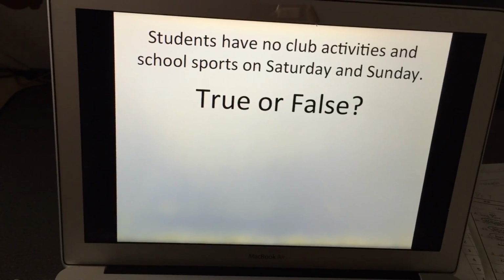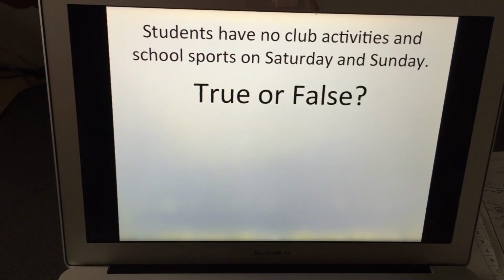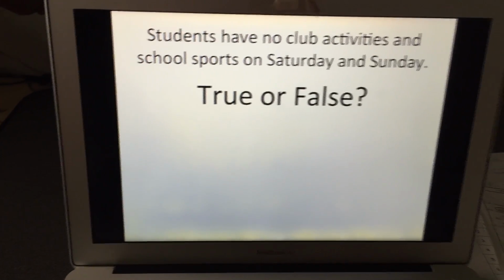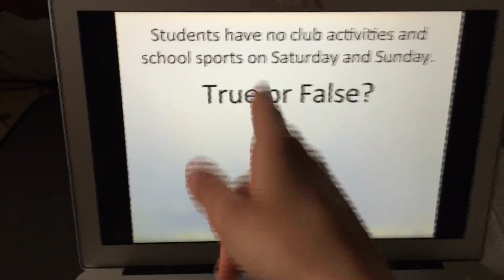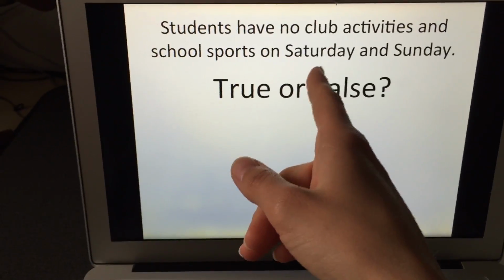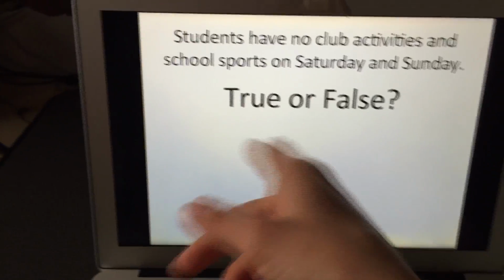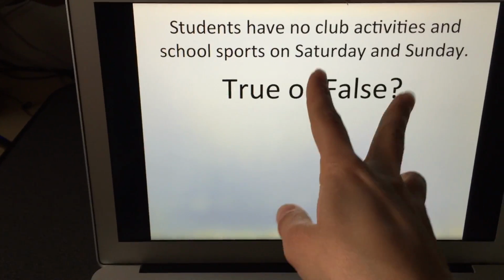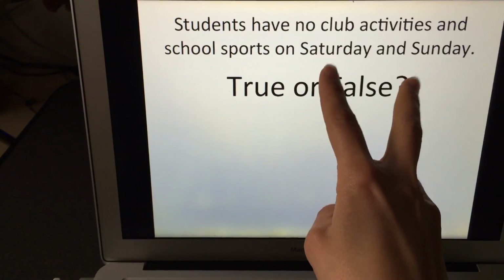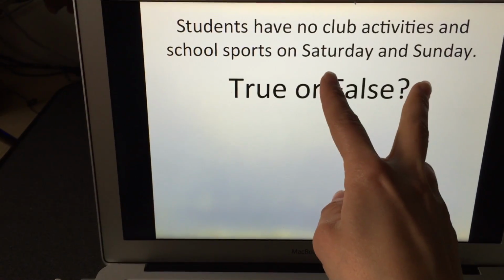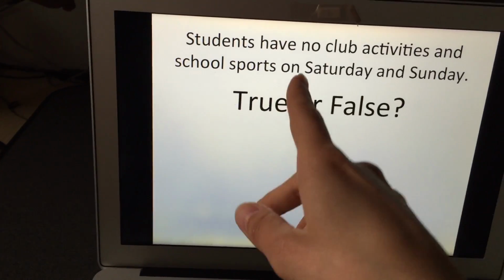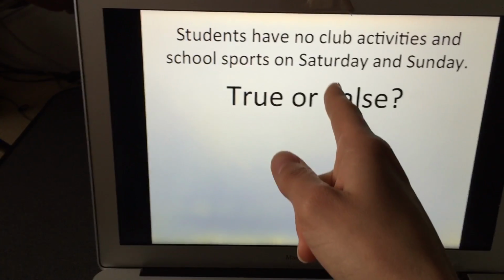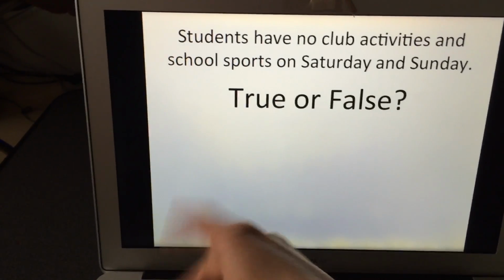Students have no club activities and school sports on Saturday and Sunday. Here in Japan, Saturday is still really considered a school day, and Sunday is even considered kind of a school day, but on these days it's usually only club events that happen. I know a lot of the teachers I talk to in junior high have to come in on Saturday and sometimes on Sunday too.